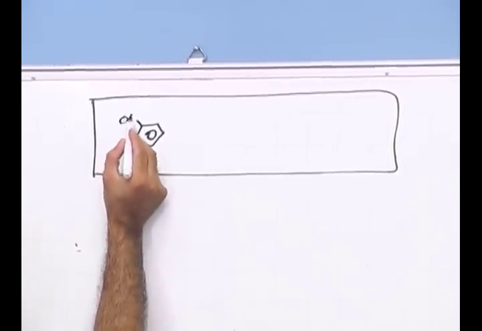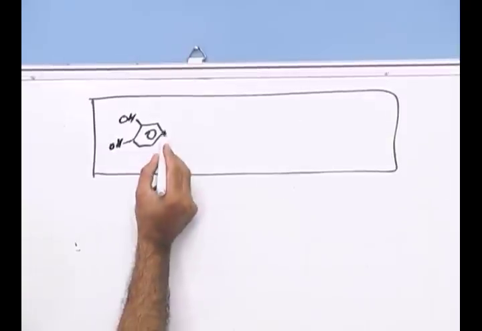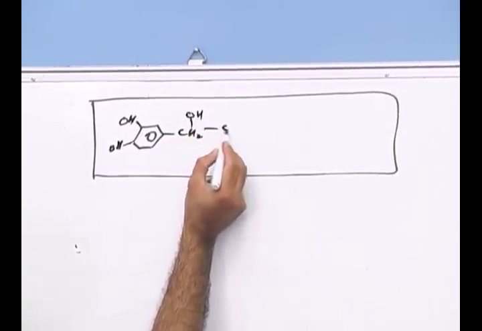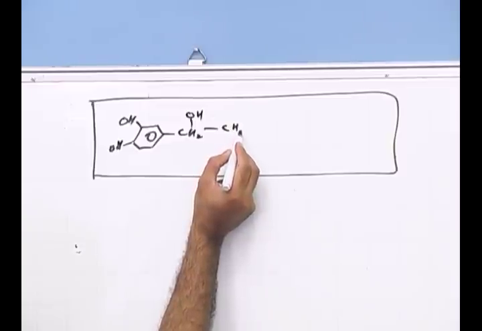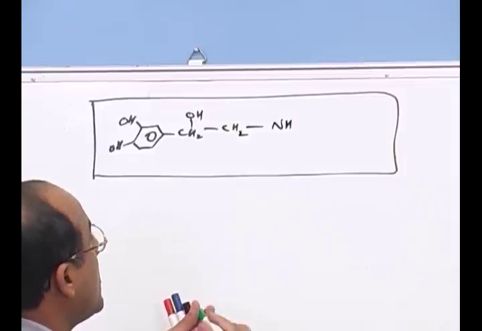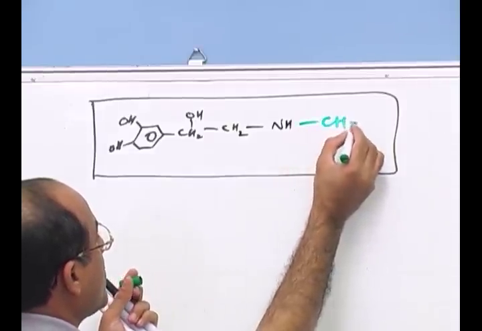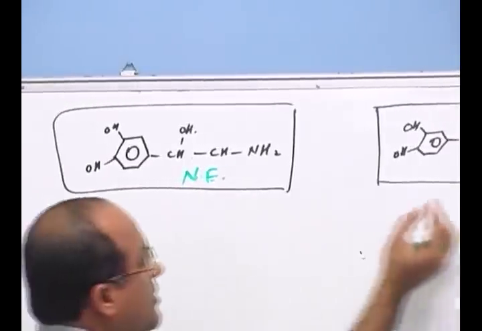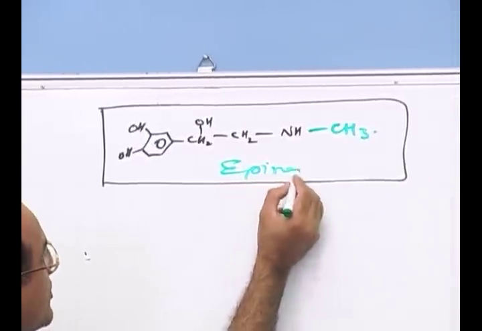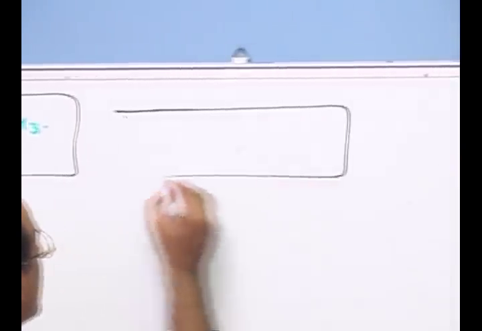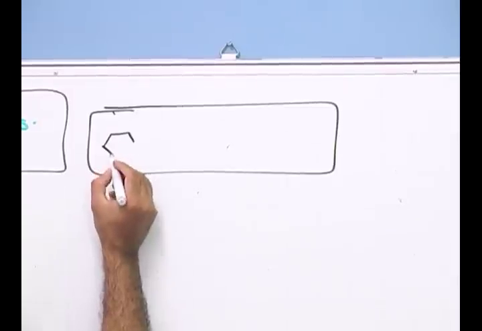Benzene. And what is this now? Catechol. And what is this ethyl group with beta hydroxylation? And there is an amino group, but this amino group is now methylated. What is this drug? So this was norepinephrine and this is epinephrine. Now we'll make one more drug here, right?